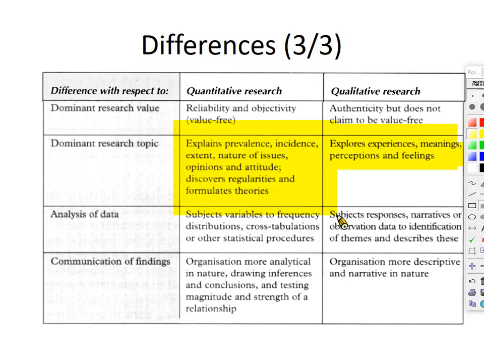The other one is analysis of data. Well, we analyze data. In quantitative research, of course, you have to provide frequency, distribution, cross-tabulation, or other statistical procedures. All of this is the manipulation of numbers. Statistics basically has two kinds.